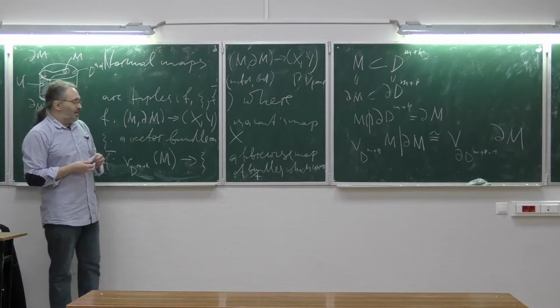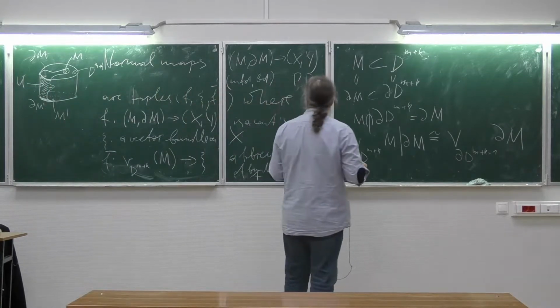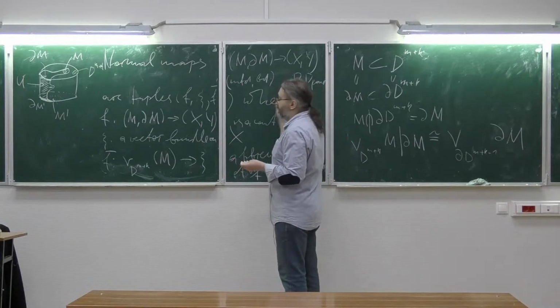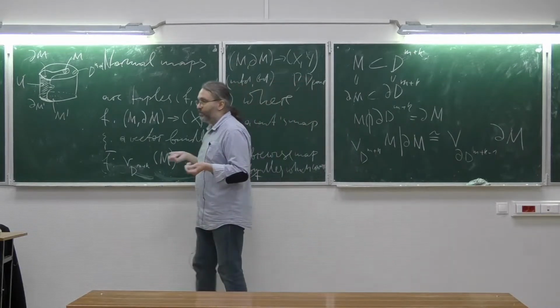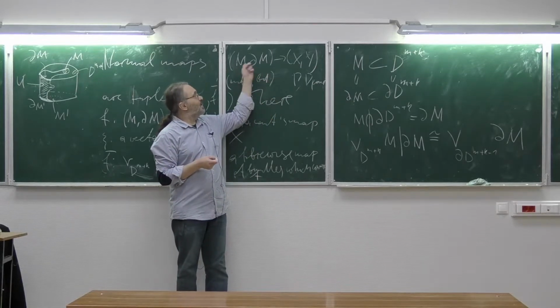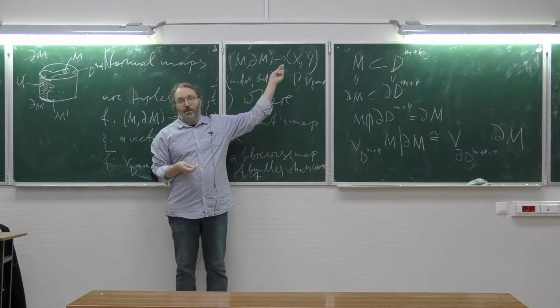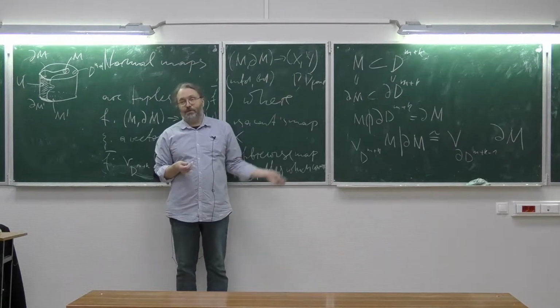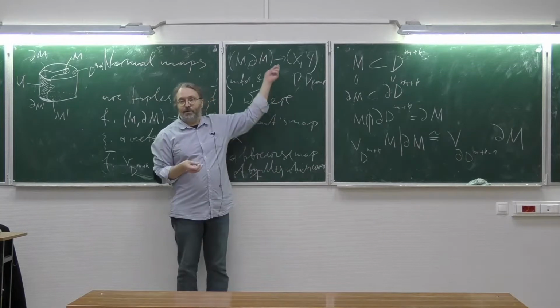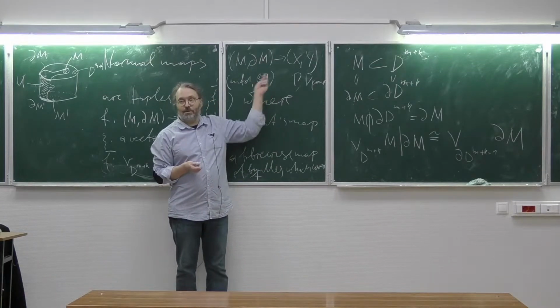And the normal map is normally bordant to a homotopy equivalence, meaning to a map M prime to X which is a homotopy equivalence, if and only if the invariant of the initial map is 0.